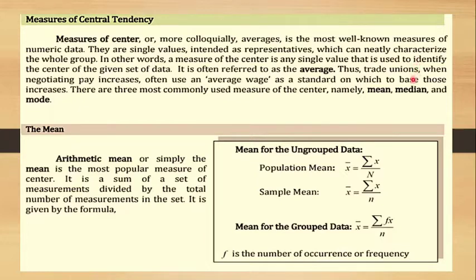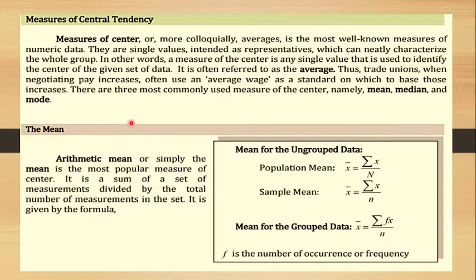So it is often referred to as the average. Thus, trade unions, when negotiating pay increases, often use an average wage as a standard on which to base those increases. So there are three most commonly used measures of the center, namely mean, median, and mode.